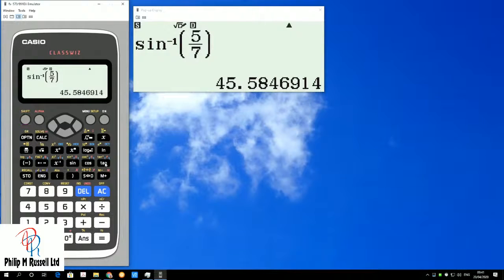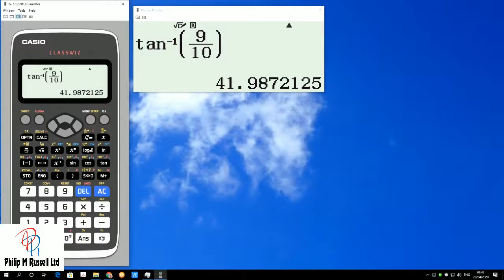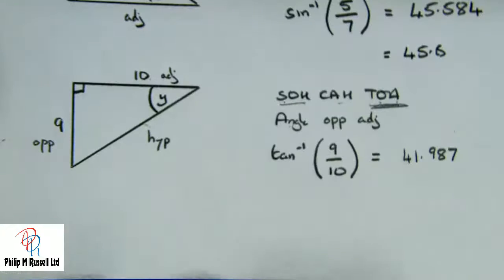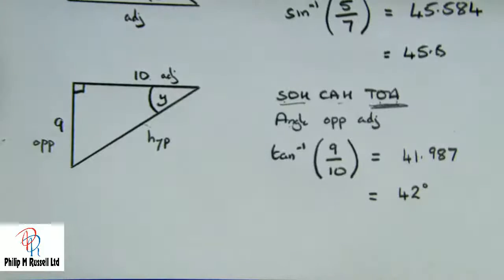So shift tan of 9 divided by 10, shift across with the arrow key, close the bracket, and we have our angle of 41.987, and that's going to give me an angle of 42 degrees as I round it.